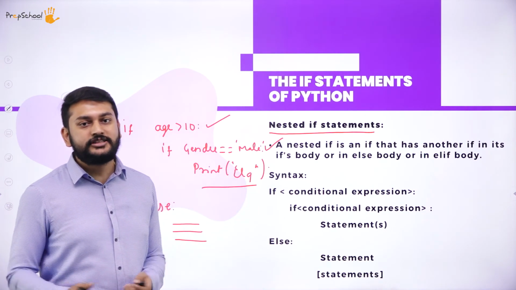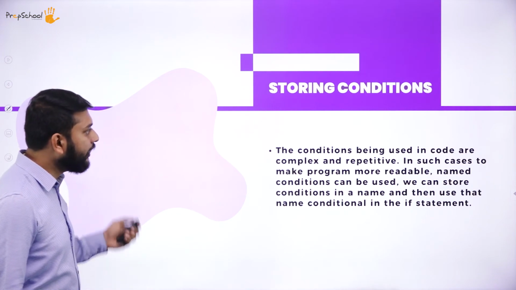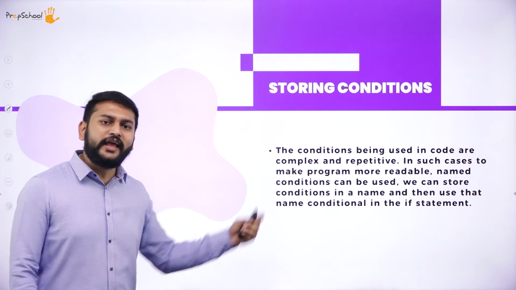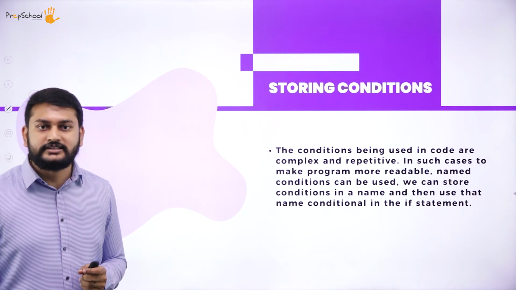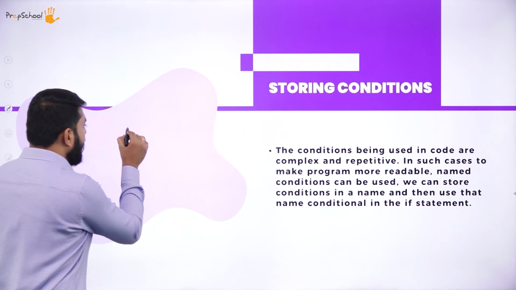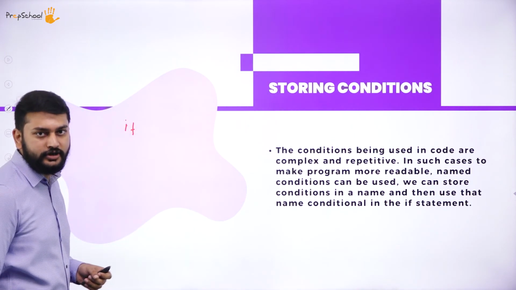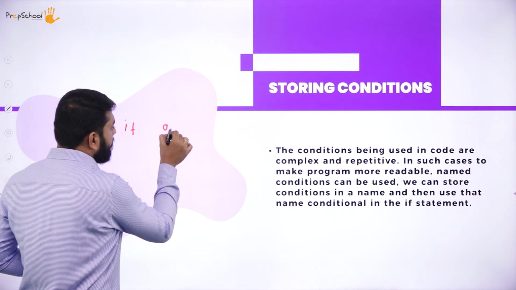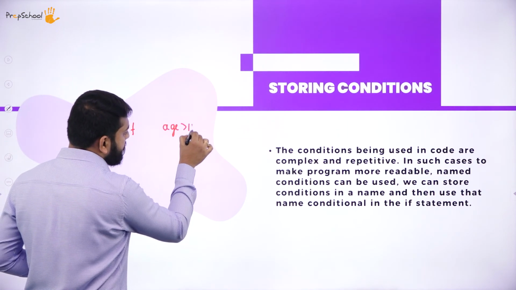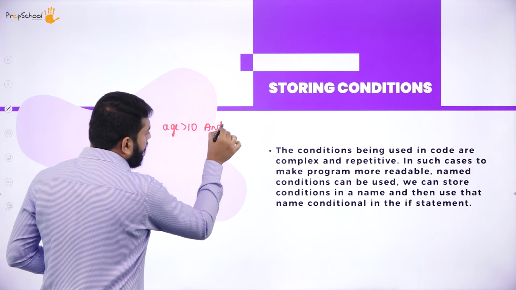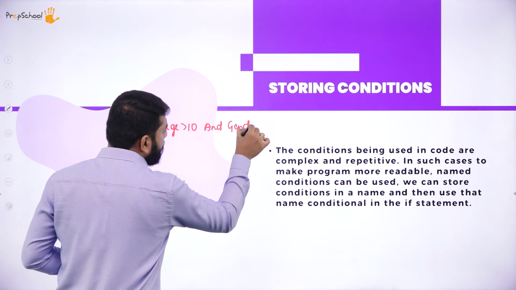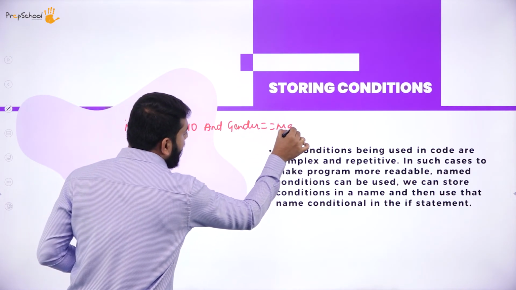So the last concept for the day for all of you is storing a condition. What exactly is storing a condition? Imagine I have to give a condition like this: age is greater than 10 and gender is equal to male.